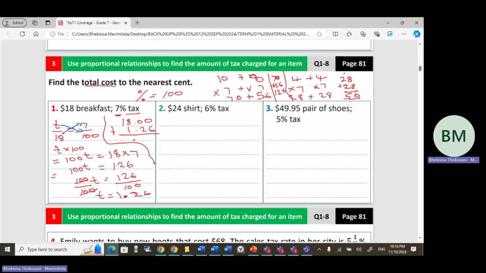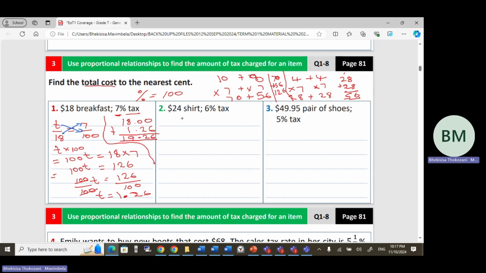Then I'm going to write my answer here. This is 6, this is 2, the decimal point, and my 9. So the answer is $19.26, right? Everything is in dollars in this question. So that is how you will do these questions.